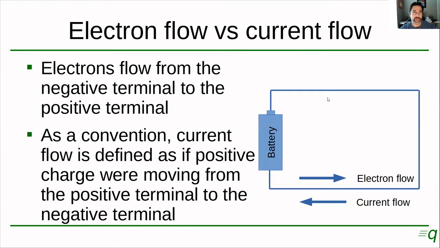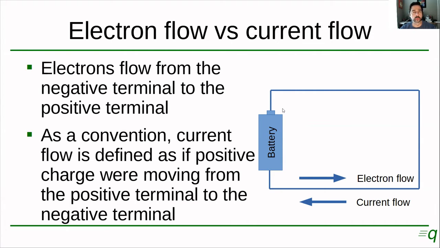So let's talk a bit about electron flow versus current flow. The way we described the previous slide was electrons flowing from the negative terminal to the positive terminal. As a convention, current flow is defined as if positive charge was moving from the positive terminal to the negative terminal. So if you have a look at this drawing, the electron flow is from the negative terminal to the positive terminal.